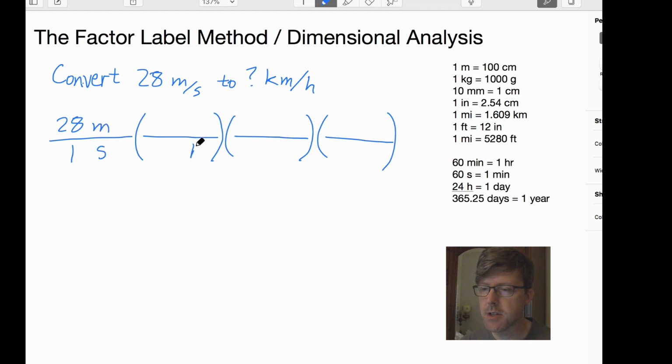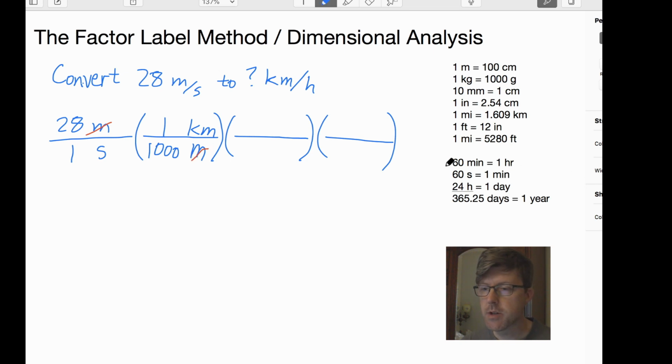So we put the meters down here so that it will cancel out with the meters on the top. Kilometers go up here. And now we're going to put the numbers to make that true, so it's equal. So 1,000 meters down here and 1 kilometer up top. Now we can cancel out the meters.